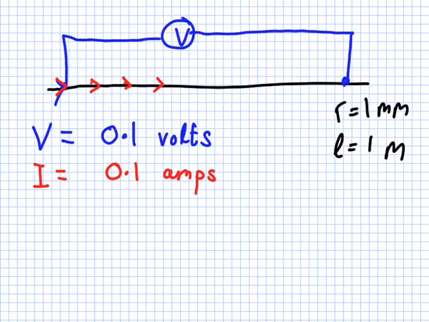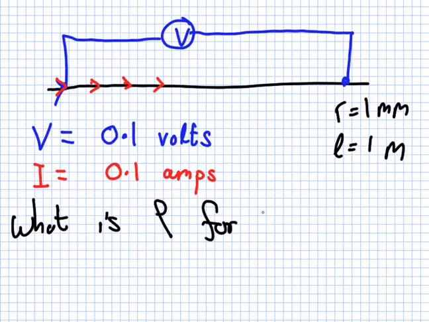The question is, forget about the nichrome constant, I'll do another one like that later. Calculate the resistivity constant for this material. What is the resistivity constant for this wire?